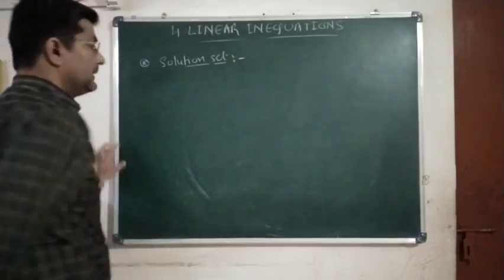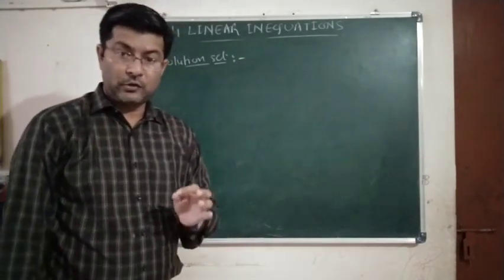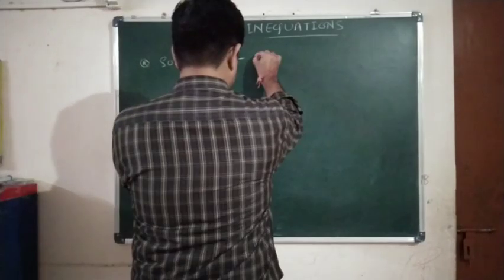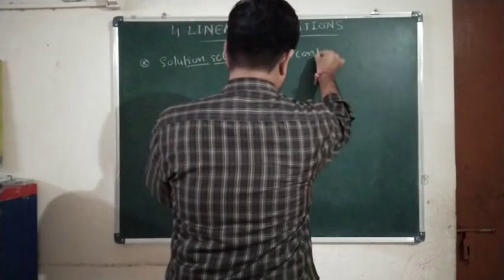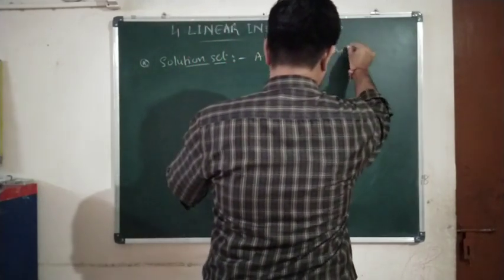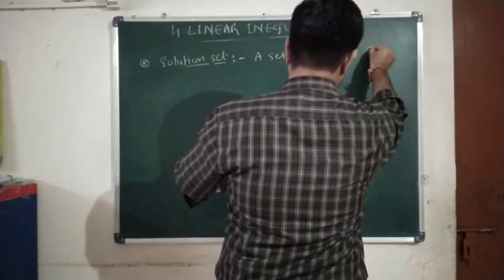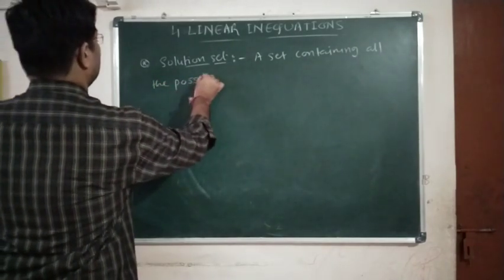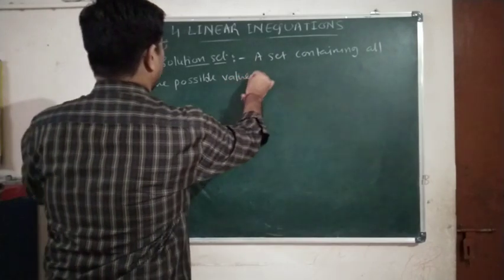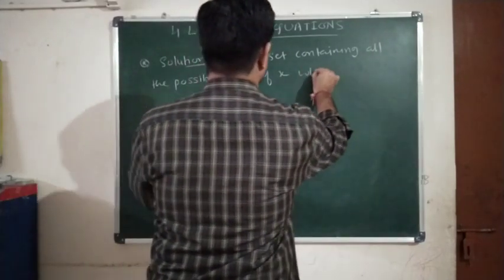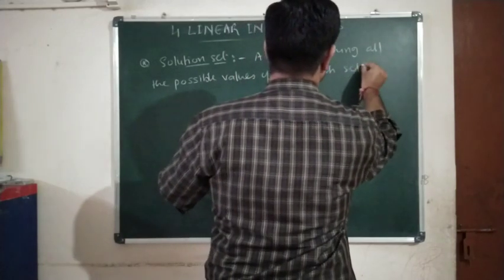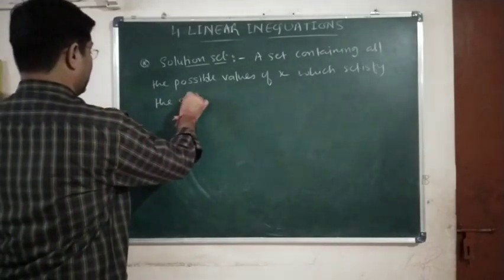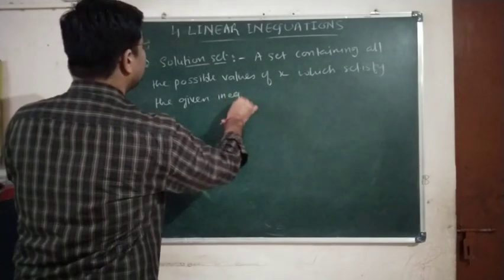Okay, solution set. It is a set of all the values of x which satisfy the given inequation. A set containing all the possible values of x which satisfy the given inequation.